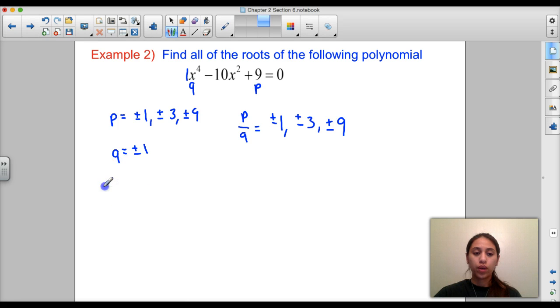If I go ahead and write 1 here, notice we will need some placeholders because we're missing x to the third and the x. So first we have 1, 0, negative 10, 0, and 9.